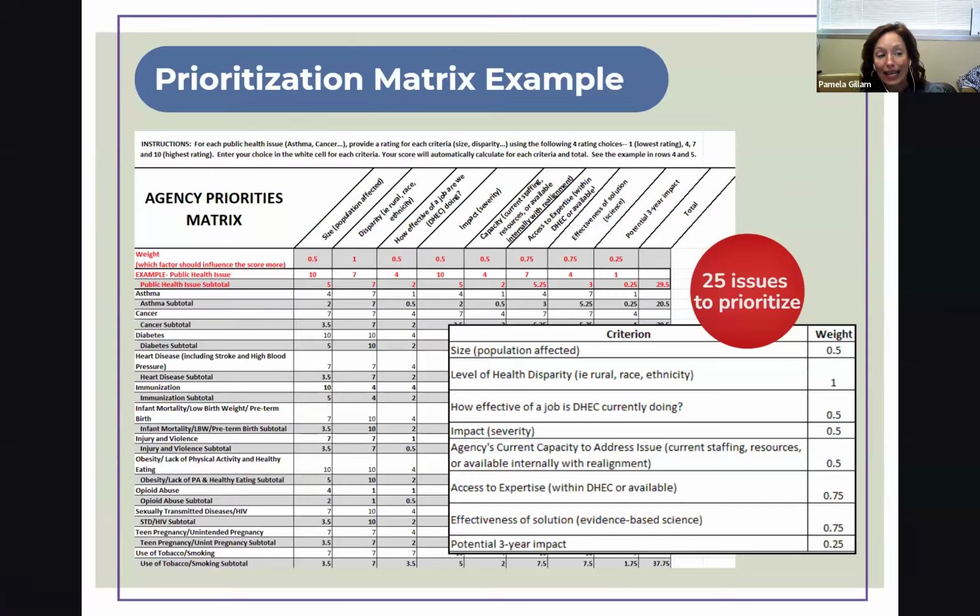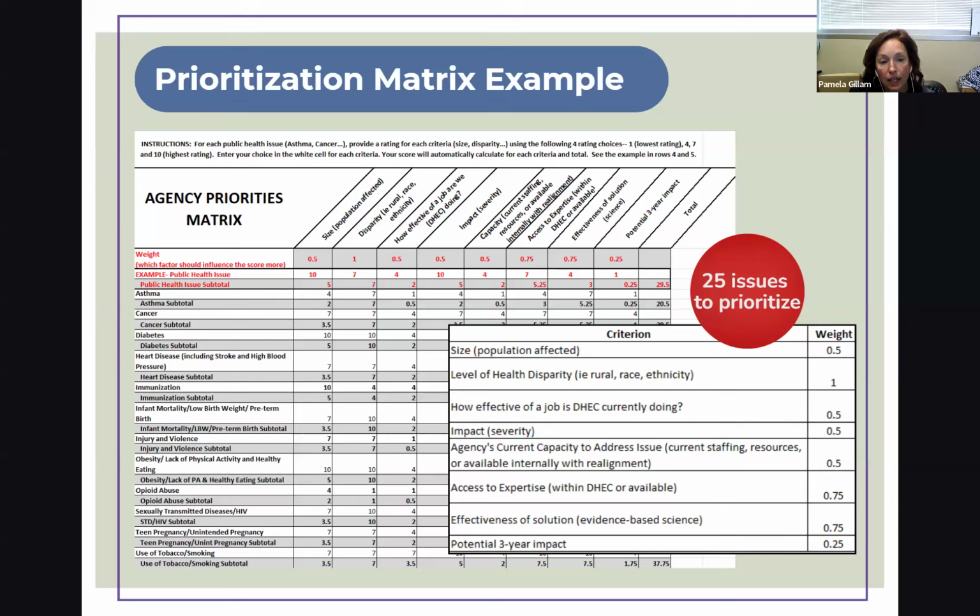And you can see we weighted here, right? So our weights here were like 0.25, 0.5, 0.75, and 1 is what we used here. Again, you can choose your weighting. And then we had the next level related to the actual health issue.